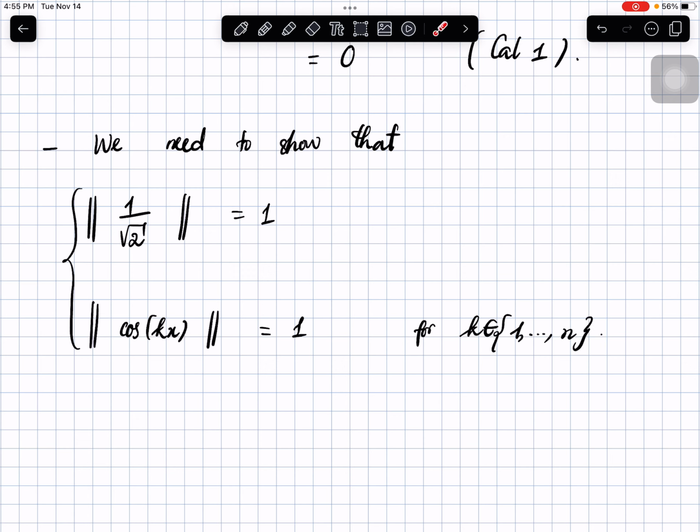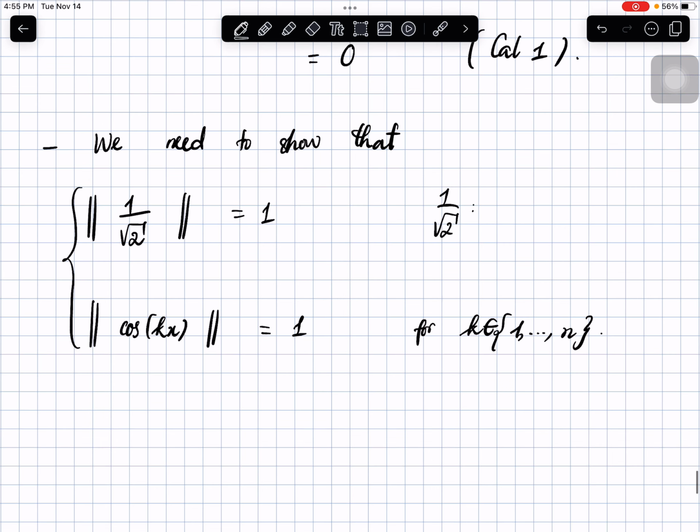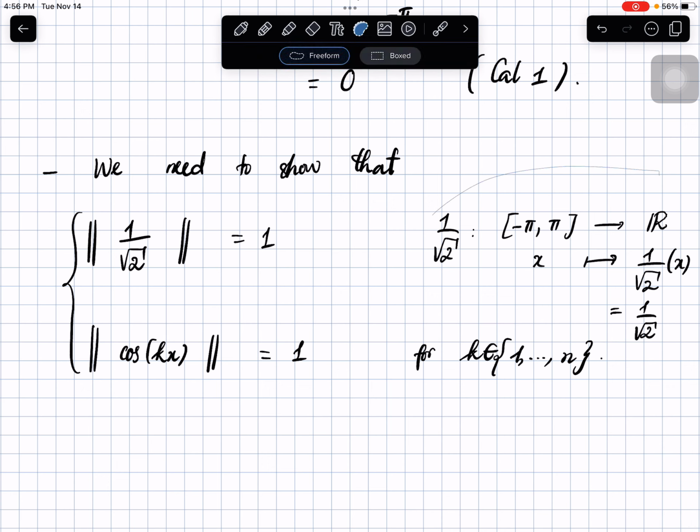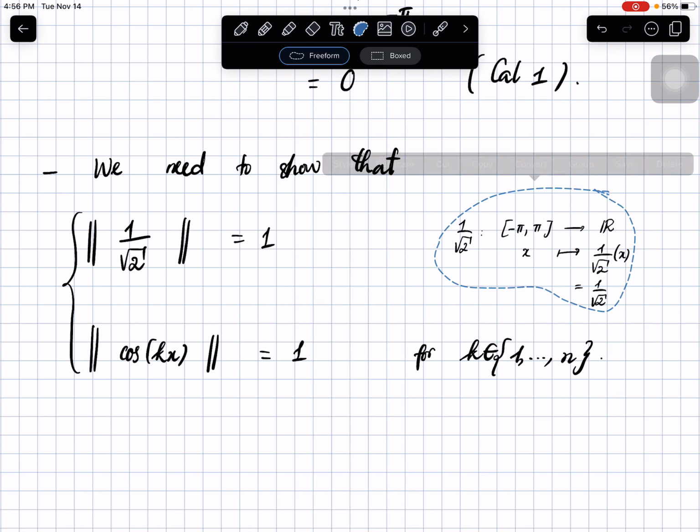I should say something about this function, 1/√2. We think about it as a function from [-π, π] to R. The function is continuous, and it takes any point x to 1/√2. It returns 1/√2 for any x from -π to π, so it is a constant function.